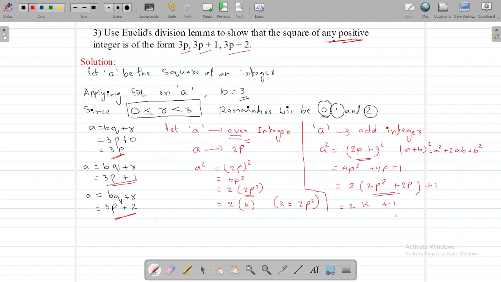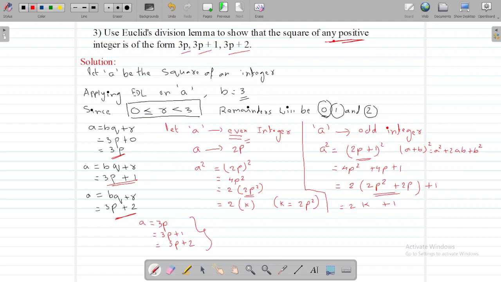So this is an odd integer. But according to the problem, here it is 3P. Okay, so we'll see here A is equal to 3P, A is equal to 3P plus 1, A is equal to 3P plus 2.